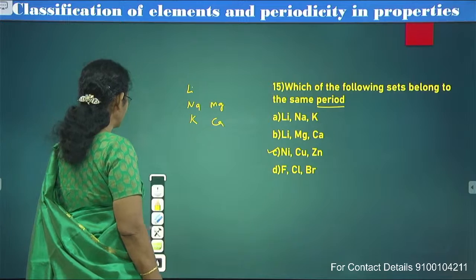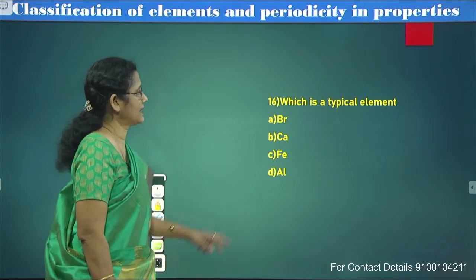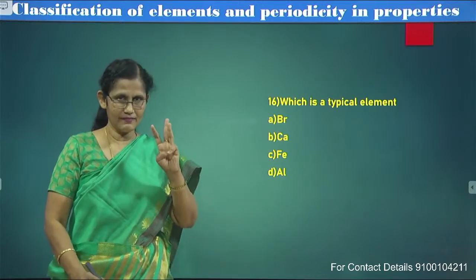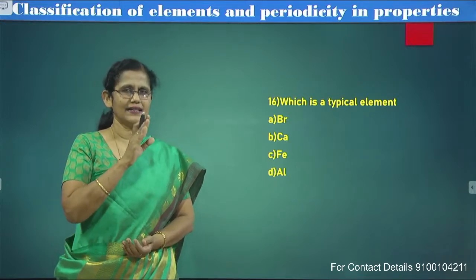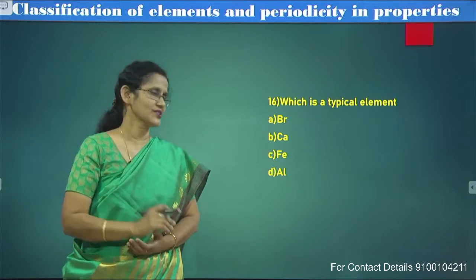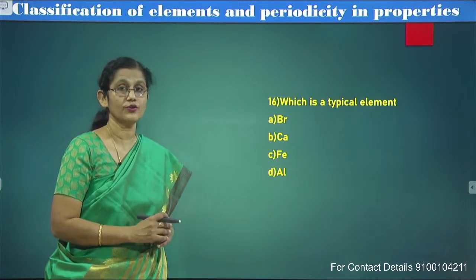Now, I am taking one more question. Which is a typical element? Just now we discussed, third period elements are called typical elements. We must know at least 1 to 20, 1 to 30 elements in a serial order. Bromine is not third, it is fourth period.